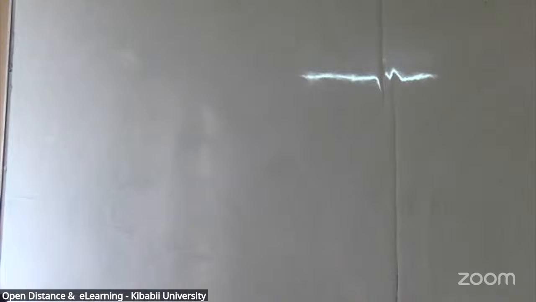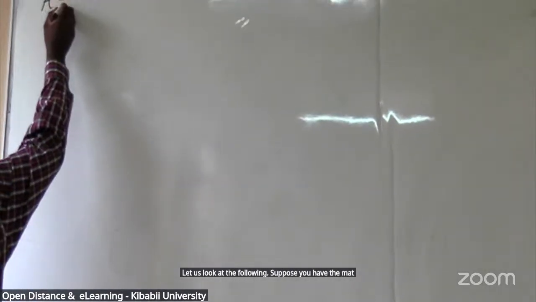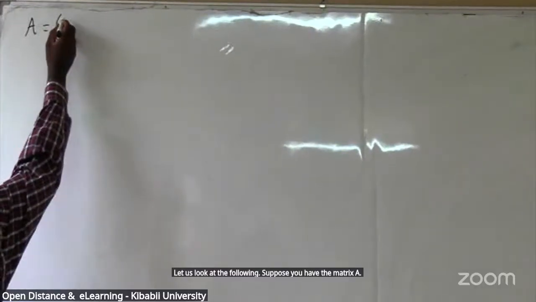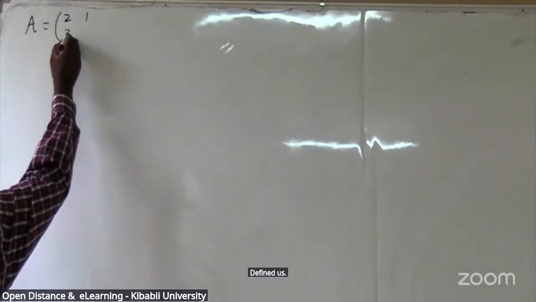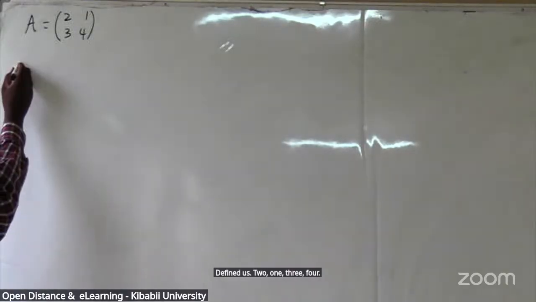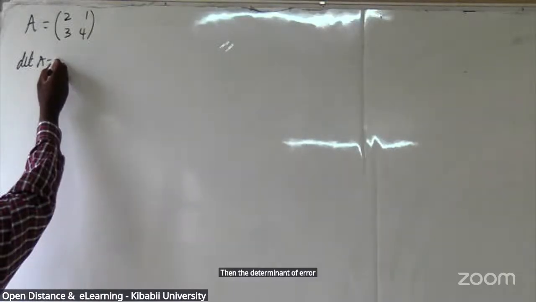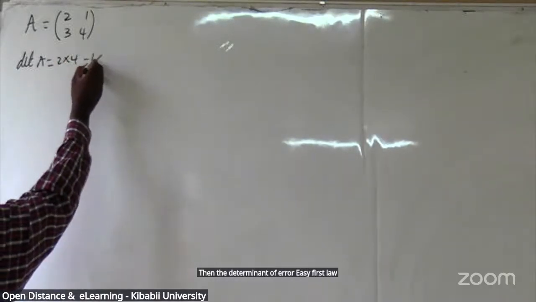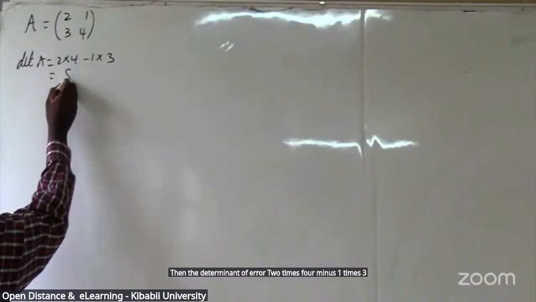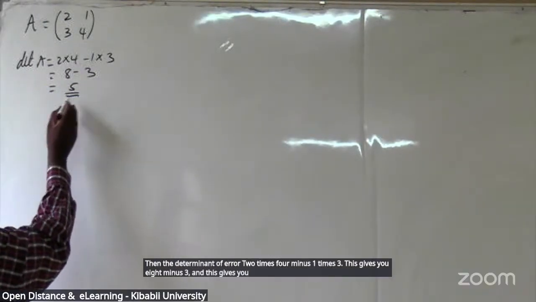Let us look at the following. Suppose you have the matrix A defined as 2, 1, 3, 4. Then the determinant of A is equal to 2 times 4 minus 1 times 3. This gives you 8 minus 3, and this gives you 5.